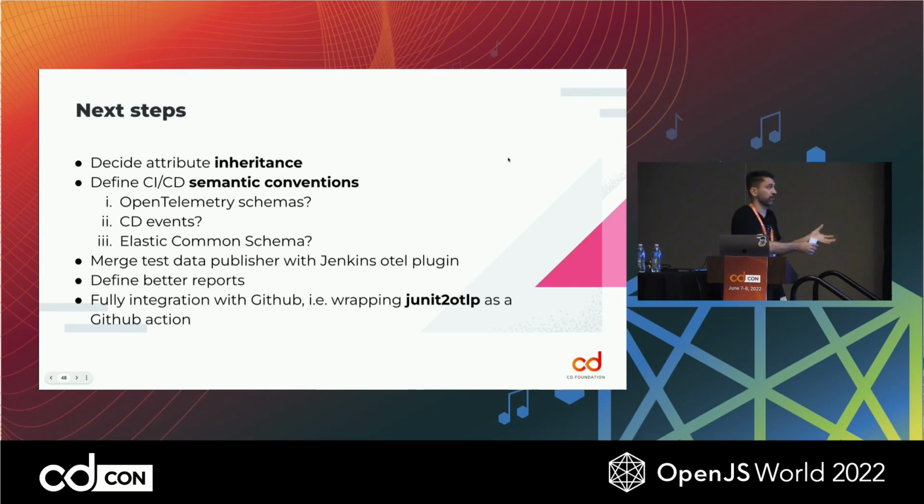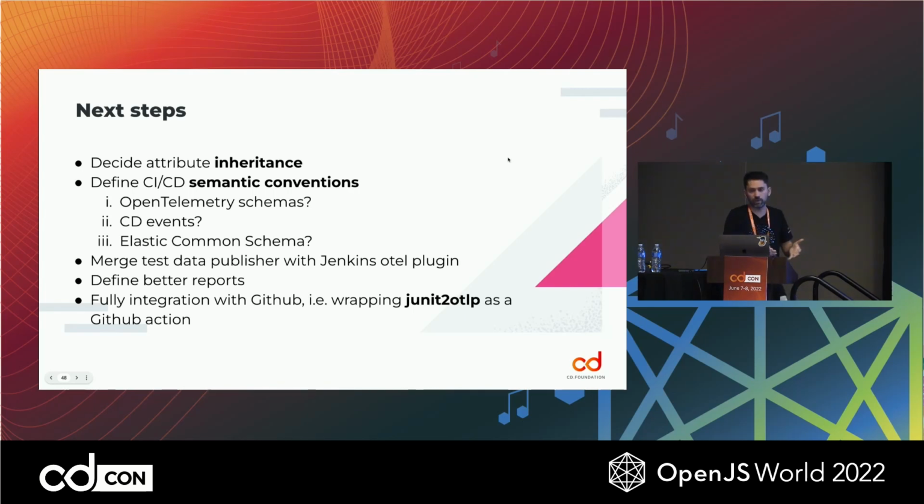So should we adhere to the CD events? Elastic has its own Elastic Common Schema. Should we adhere to that schema? We are following our own for one reason. We wanted to create an MVP and start with something, because if we wanted to align with all the communities, it could take that long.